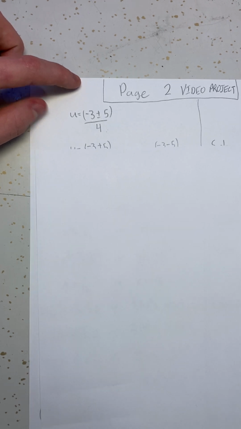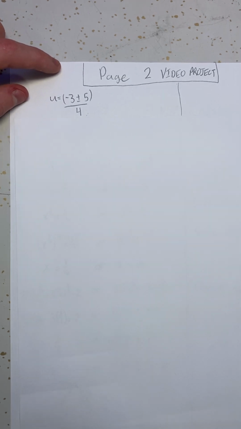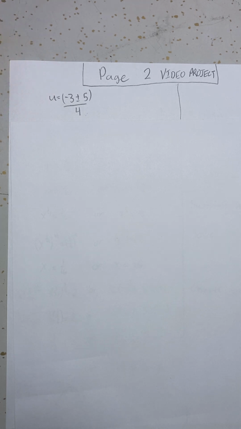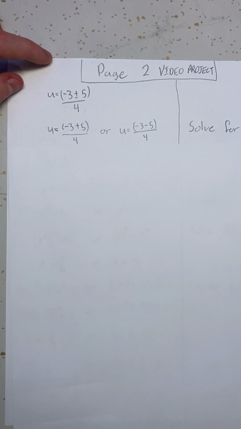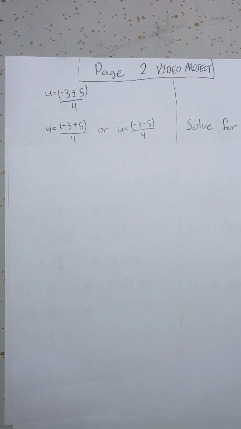So now we need to solve for u. We get u is equal to -3 plus 5 over 4, or u equals -3 minus 5 over 4.